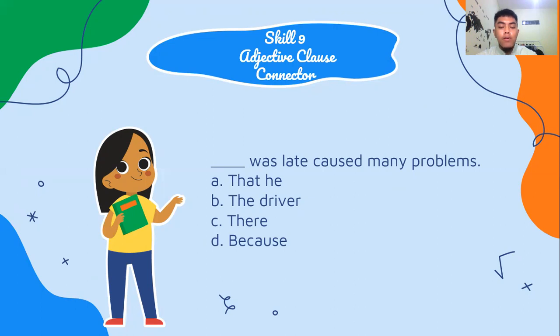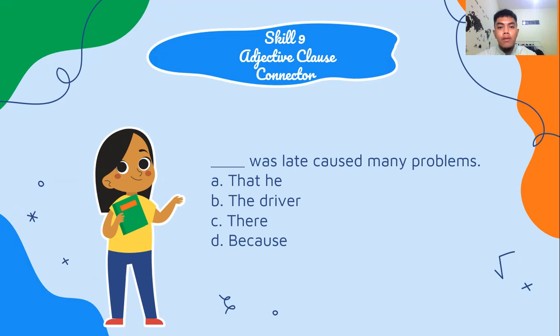The most correct answer is A. So the sentence becomes: that he was late caused a lot of trouble. He is the subject of the verb was, and the noun clause that he was late becomes the subject of the verb caused. Let me now move on to skill 10.